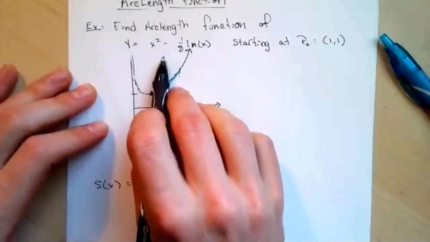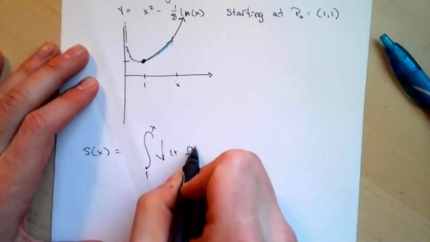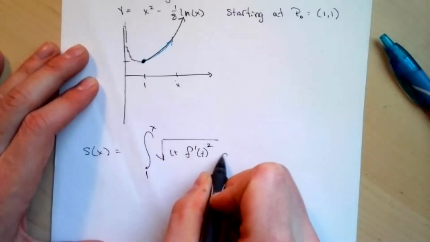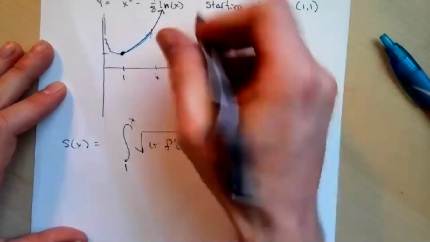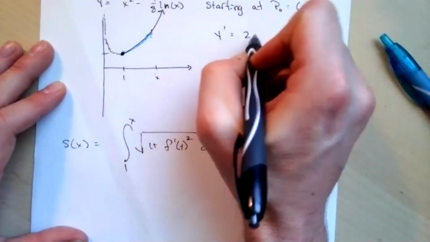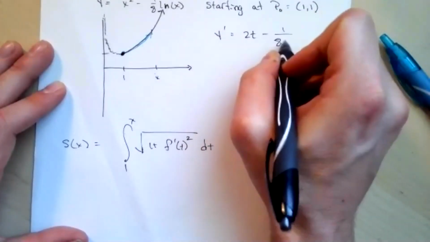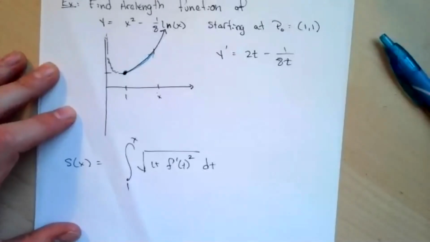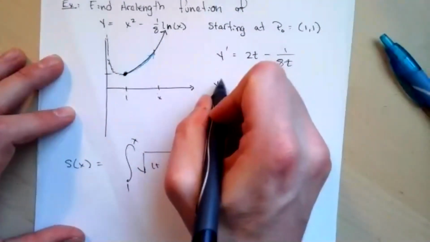So the x from the function, let's just change it to a t, and go through those same calculations. So our y prime, if we change the x's to t's, looks like that.